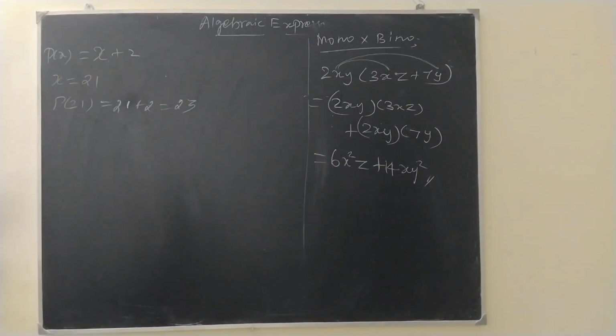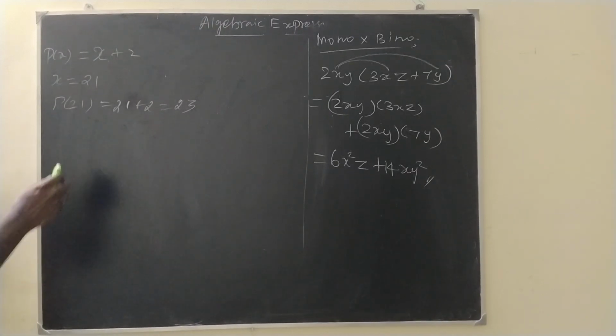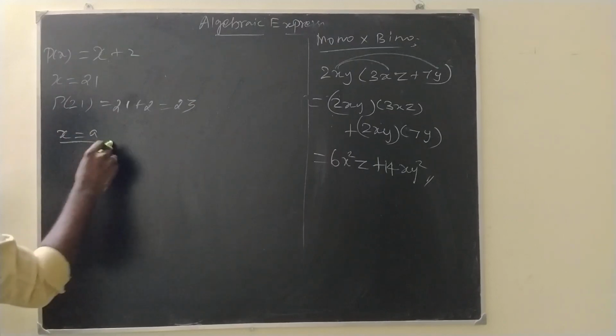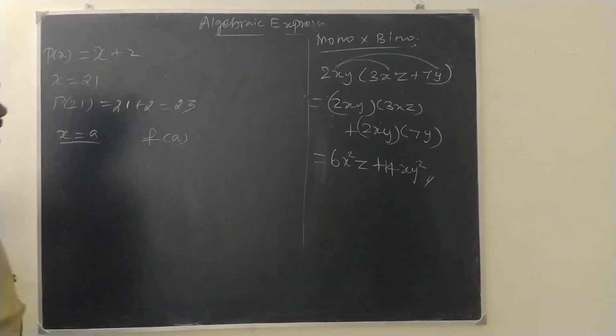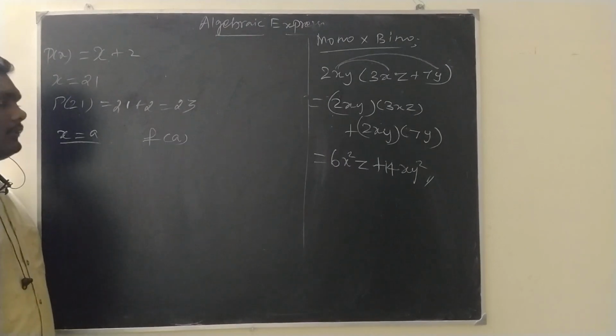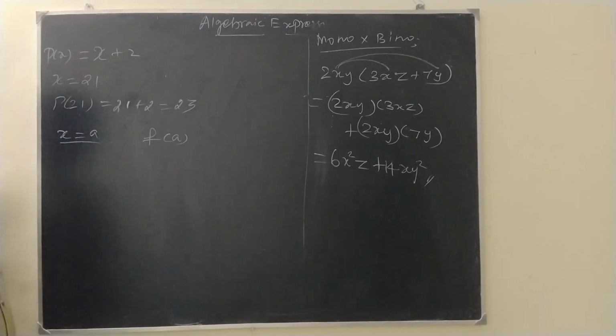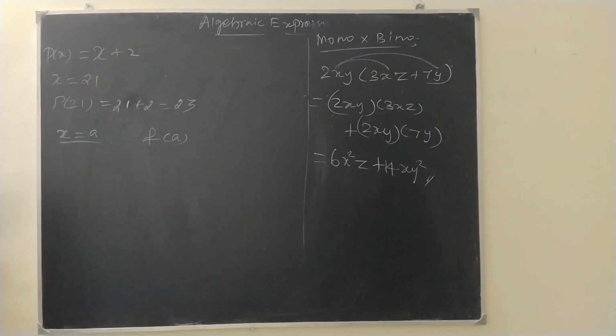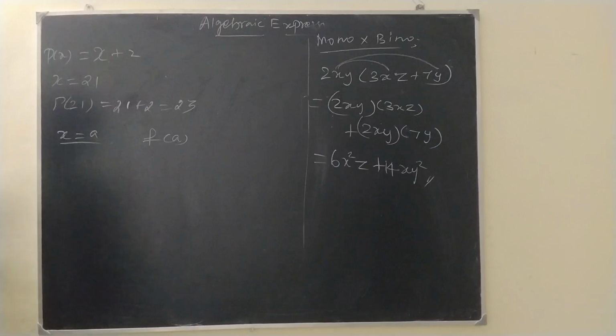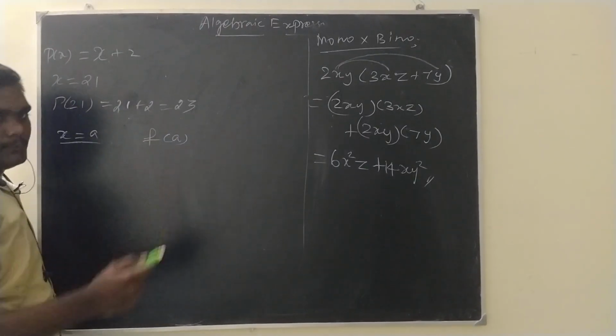In general, we'll say if x is equal to a, f of a or p of a is the value of a polynomial at that particular point. Okay. Now suppose the value you so obtained is 0.